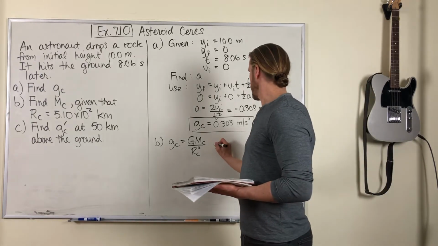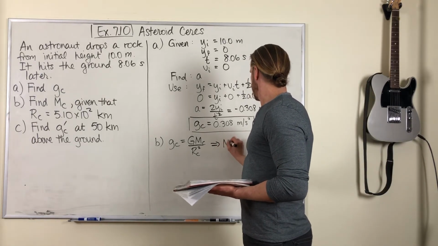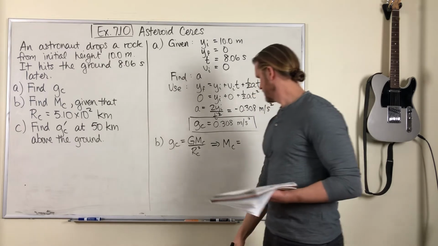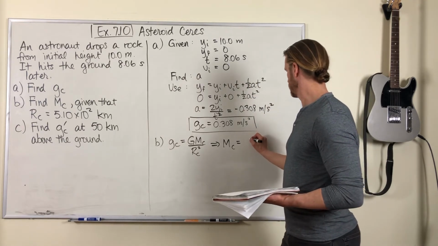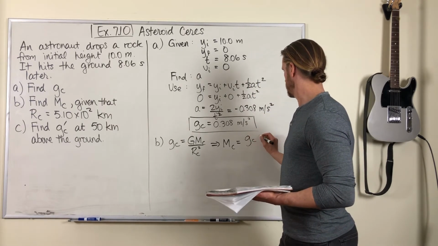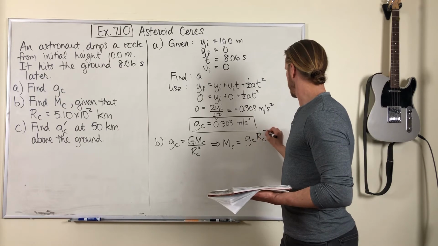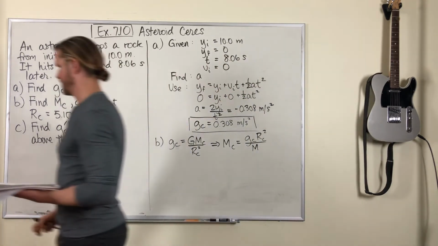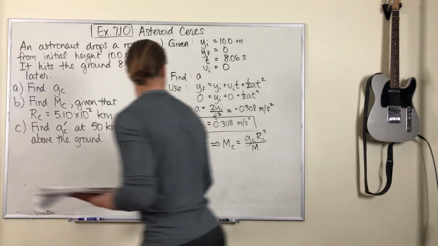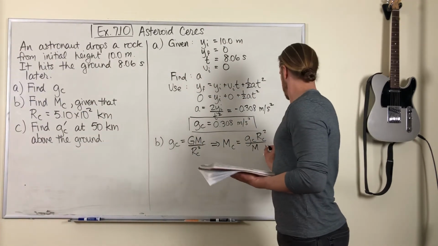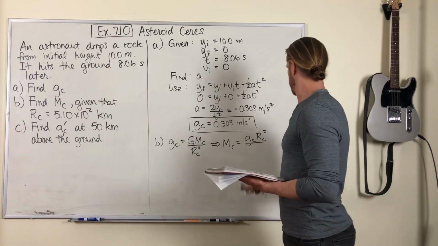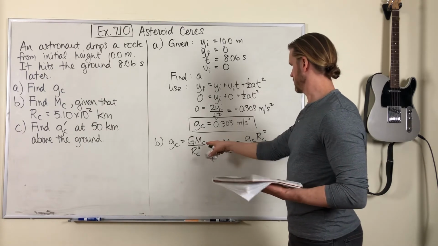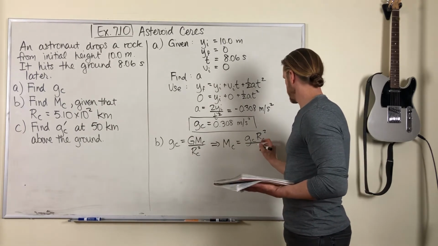So we'll turn this equation around. m_c equals little g times r squared over capital G.